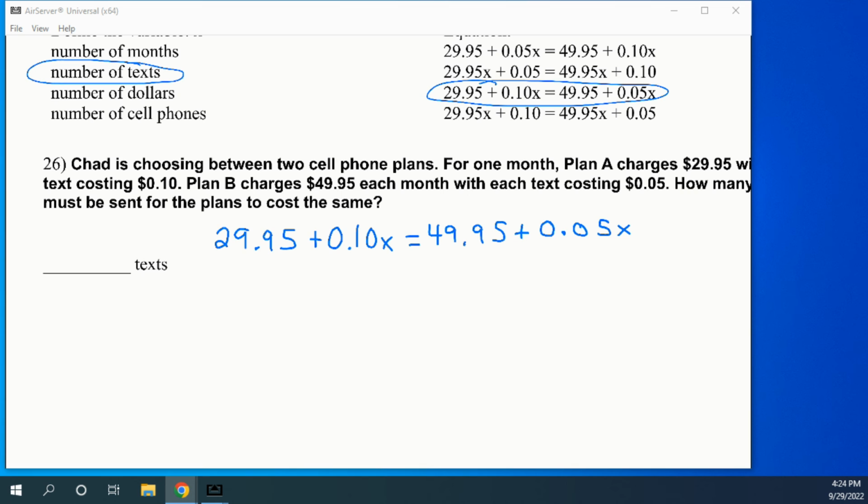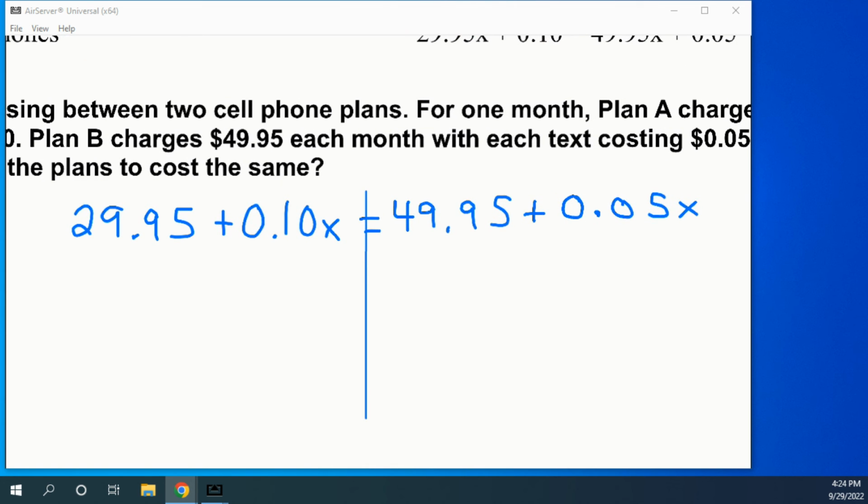Okay. There's no distribution because there's no parentheses. There's no combining like terms because there's no like terms on the same side. So what we need to do is get our variables to one side. So I'm going to start by subtracting 0.05x on both sides. This right side's variables will cancel.